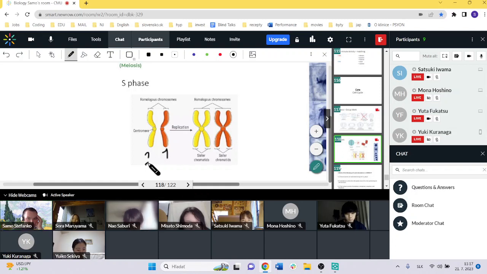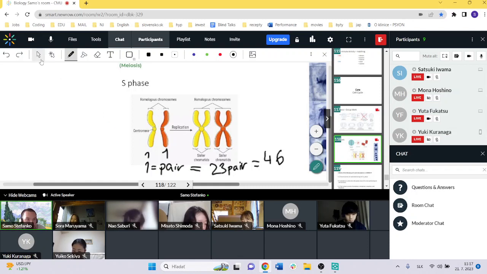In total, in our cells there are 23 pairs of chromosomes, so that makes 46 chromosomes in total.